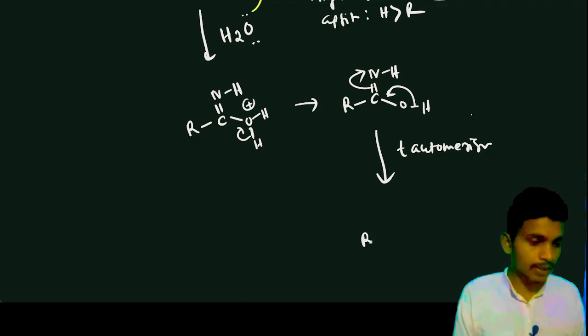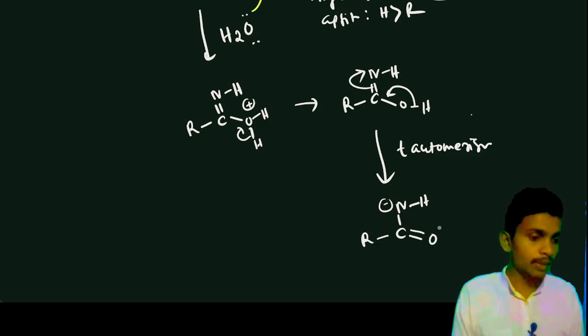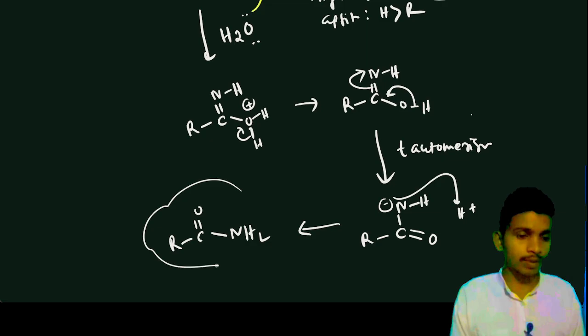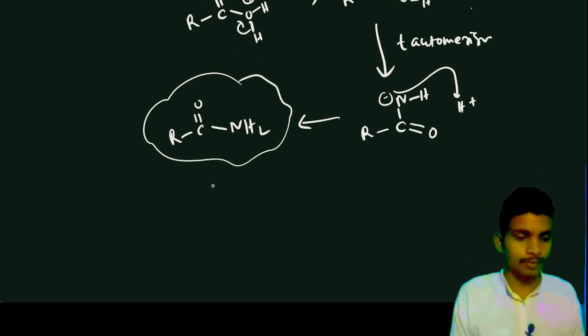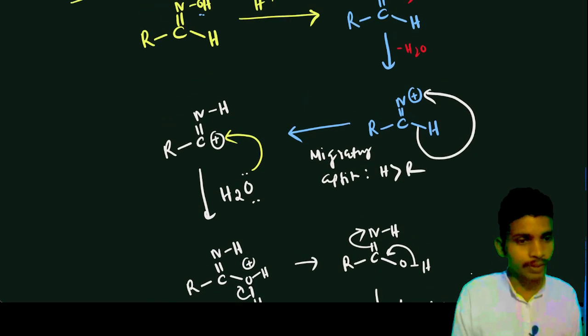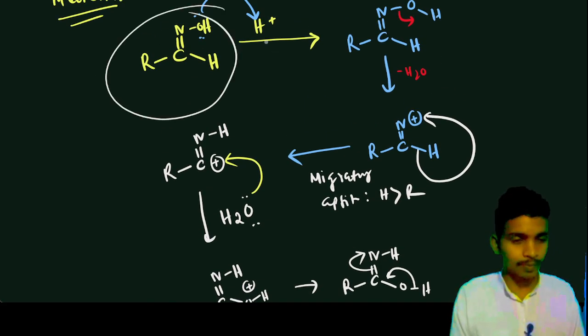So R–C will become N minus because the hydrogen has shifted, here H is there, and here we have the double bond O with the H proton. This is attacked by these protons. What will we get now? R–C double bond O and NH2. So what is this? This is the amide group. So from these oxygens we get the amide group if H plus is there.